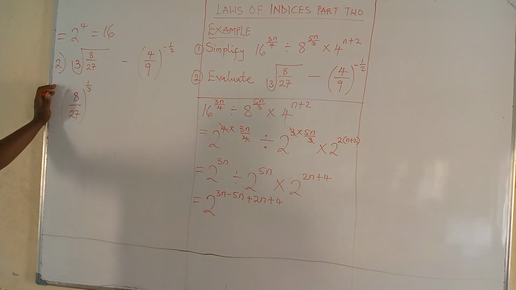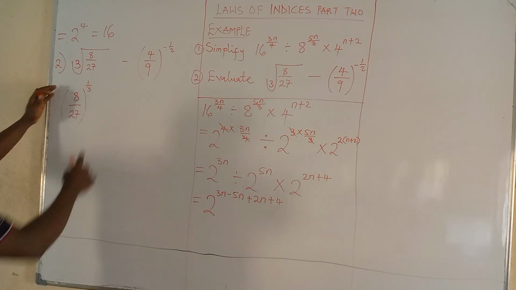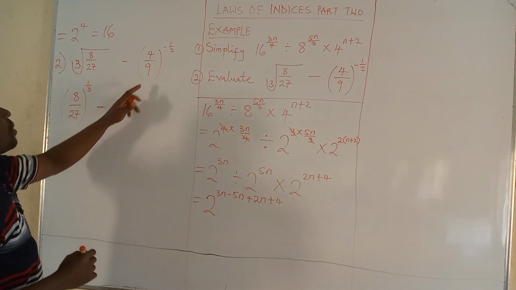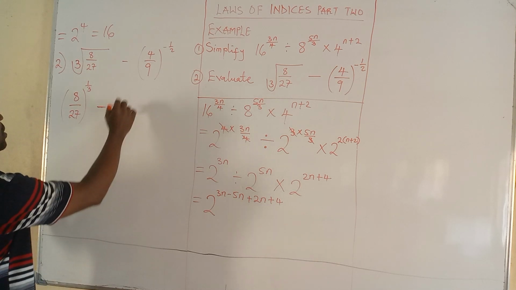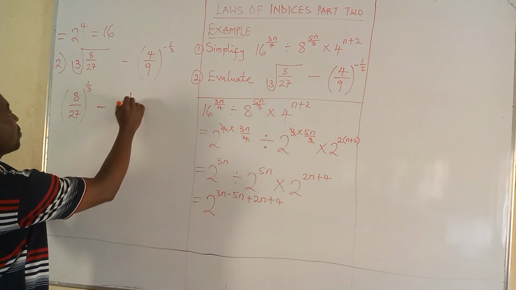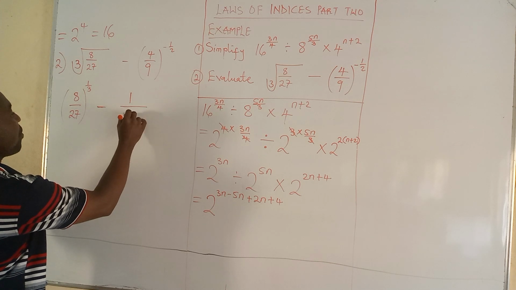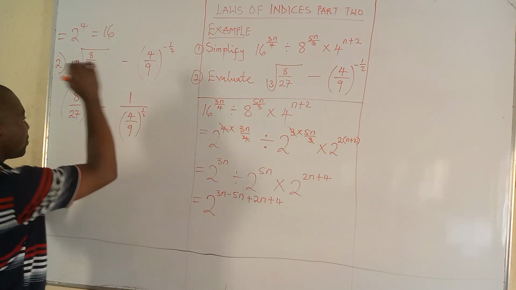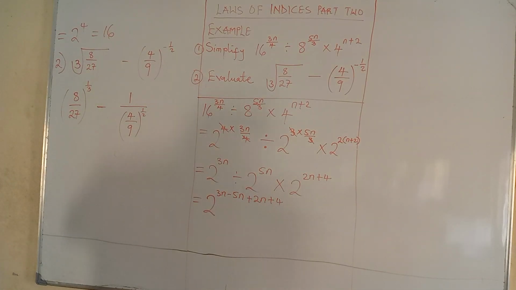One of the laws of indices. Minus another law of indices. This means 1 divided by 4 over 9, the power becomes positive.